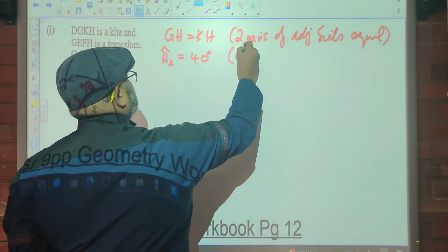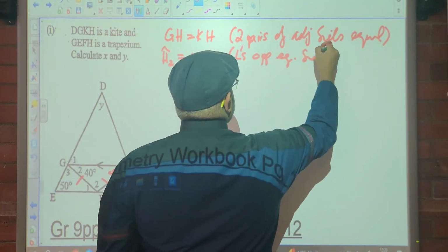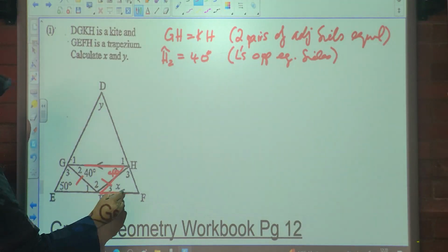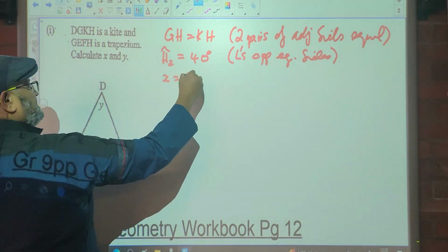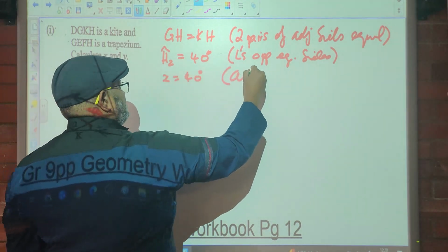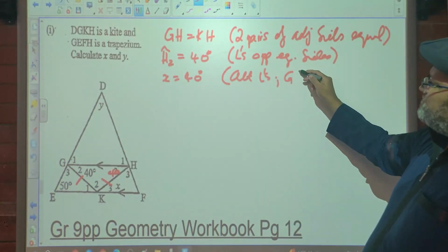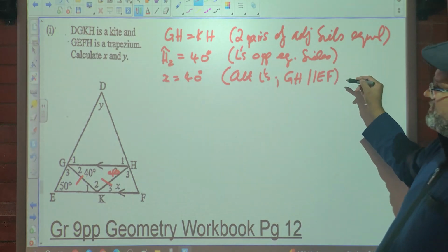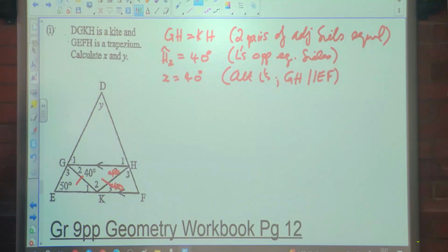So we got angles opposite equal sides. And now we're going with the fact that that is alternate. Not so? So x is equal to 40 degrees. It's alternate angles with GH being parallel to EF. There goes 40 degrees. Okay.